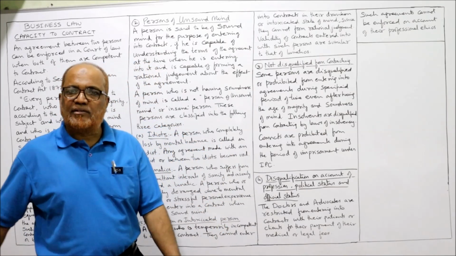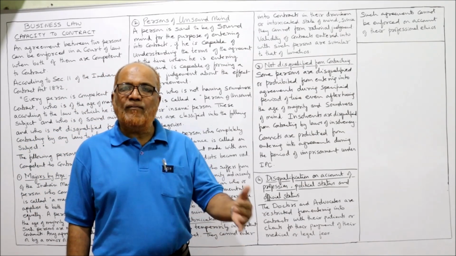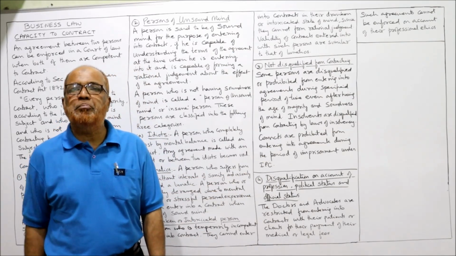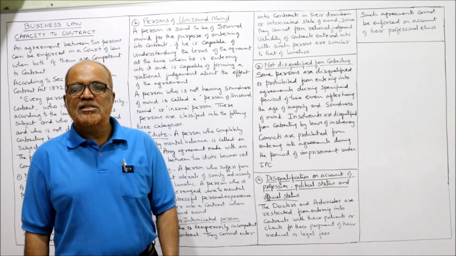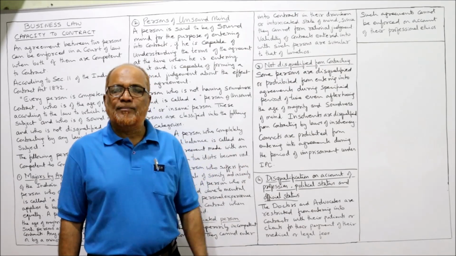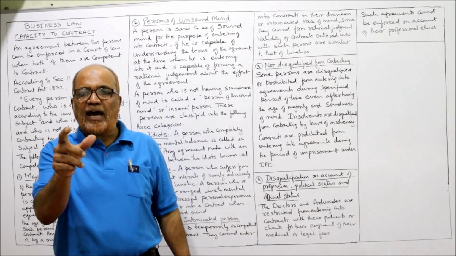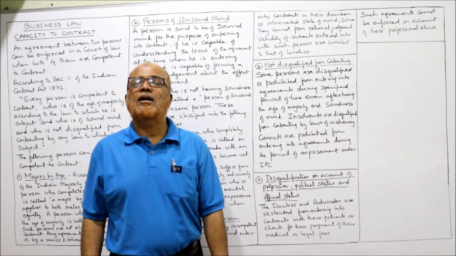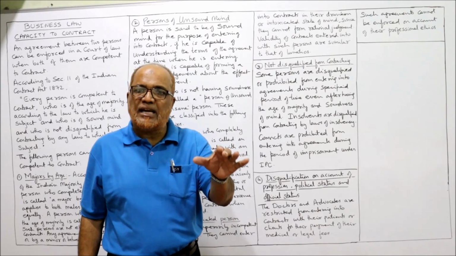Similarly, convicts, a person who has done a crime. Convicts are prohibited from entering into contract during the period of imprisonment under the IPC, Indian Penal Code. Suppose a person is prosecuted, he has become a convict, he has been imprisoned. The law says till the time he is in prison, he cannot enter into a valid contract.